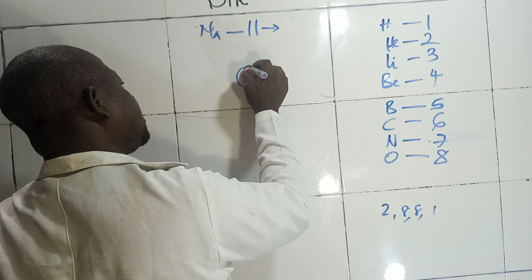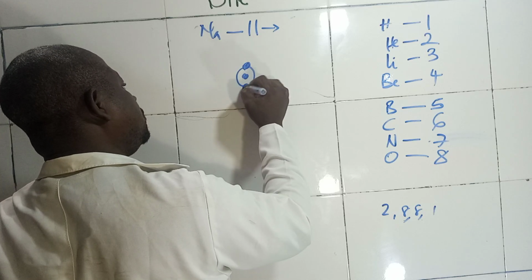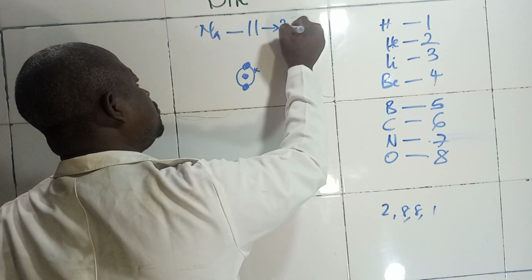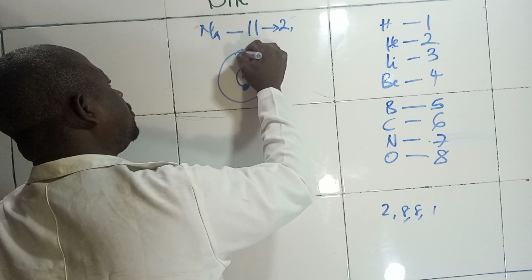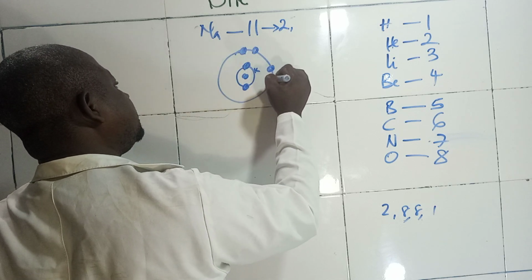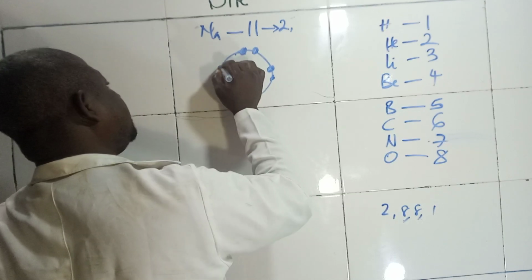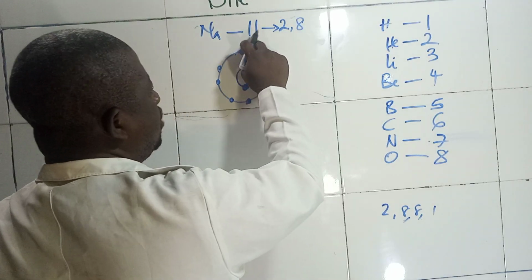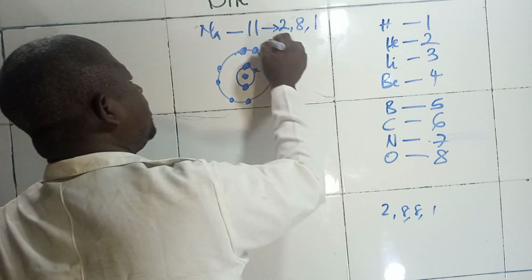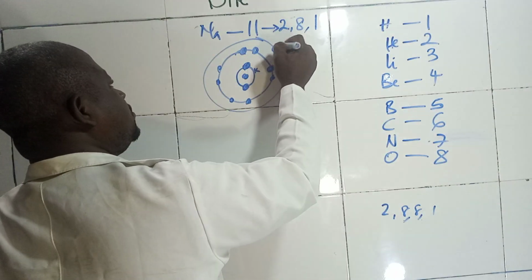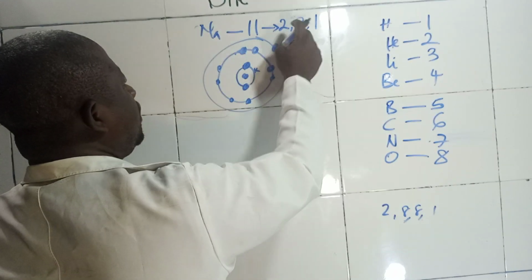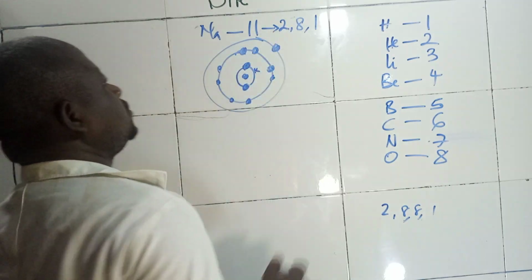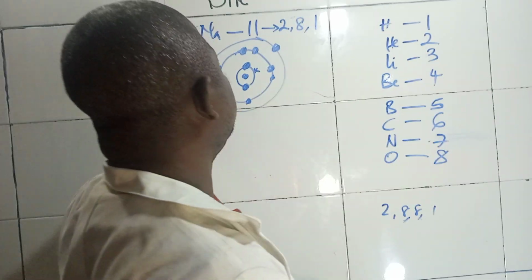The first shell will take how many? 2, which is your K. Then the second shell can take up to 8. So 2 plus 8 is 10, and you still have 1 left. The last one will go to the last shell like this. So you have 2, 8, 1. That's the electronic configuration of sodium.